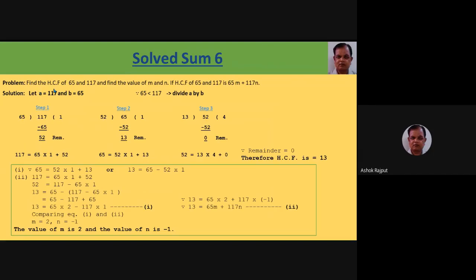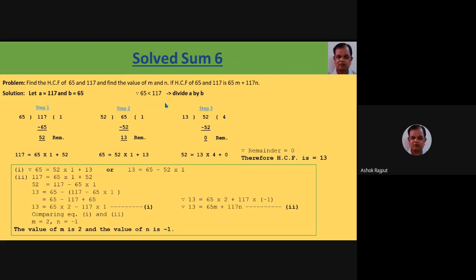Find the HCF of 65 and 117 and find the values of m and n, if the HCF of 65 and 117 is 65m plus 117n. Because the HCF is given in the mn form, first we find the HCF of these two numbers and arrange it in this form, 65m and 117n.